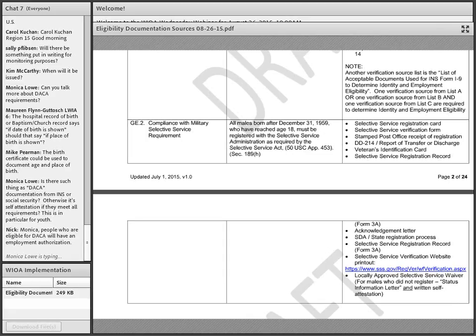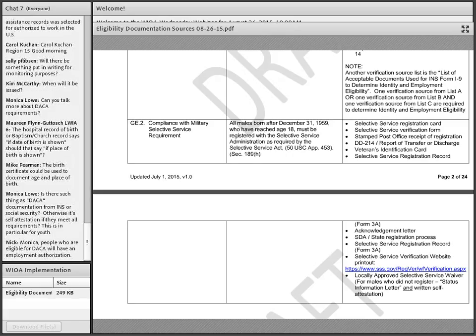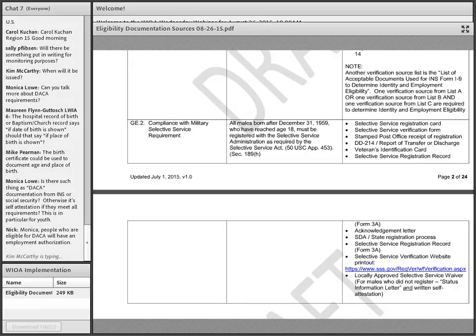To back up, Nick was asking about DACA, the actual types of documents you need to prove DACA, or that's Monica asking that. And I don't think there is any documentation. That's why we've listed it as self-attestation based on DACA requirements.